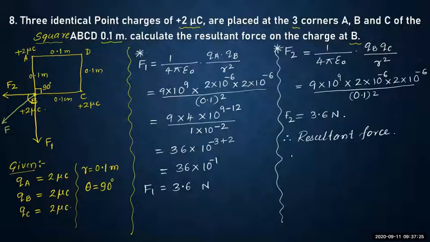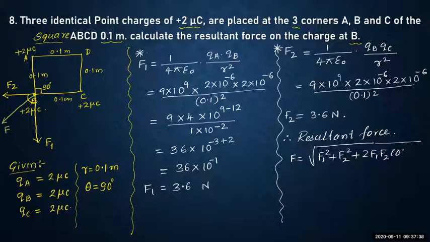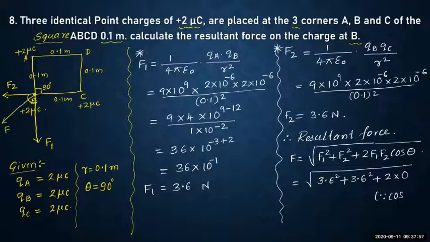Resultant force F is equal to square root of F1 square plus F2 square plus 2 F1 F2 cos theta. Substitute the values. See, 3.6 square plus 3.6 square plus 2 into 3.6 into 3.6 into cos theta. Why 0? Because theta is 90 degree here.